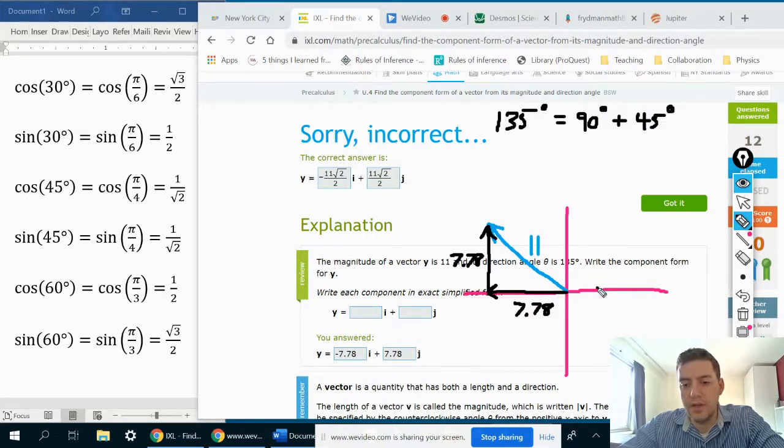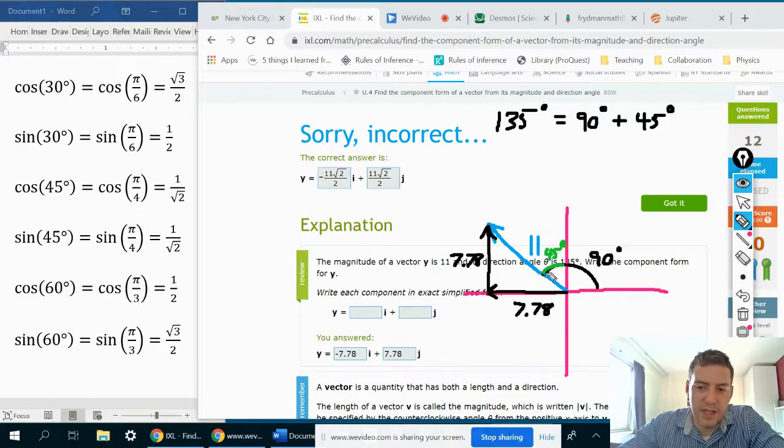Okay, so 90 degrees from here to here and 45 degrees from here to here. Do that in a different color. Okay, this plus this would be 135 degrees, where this vector is.